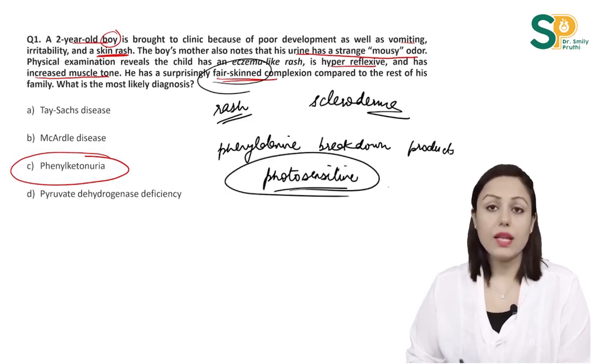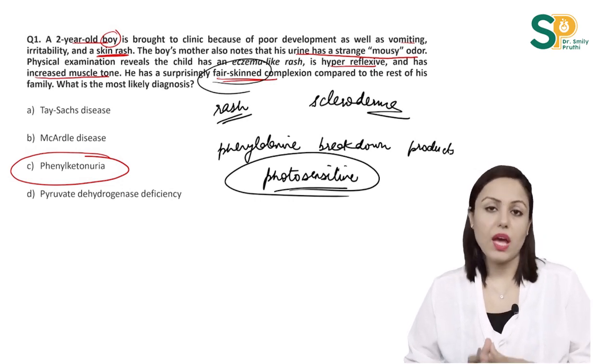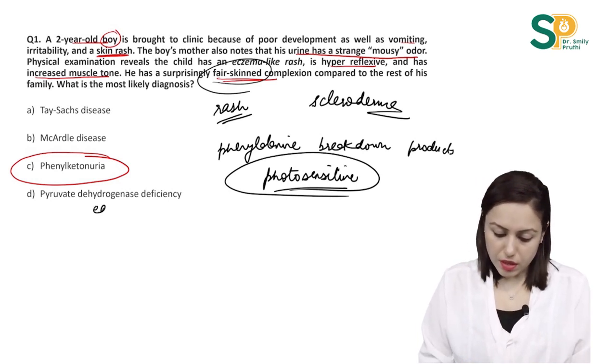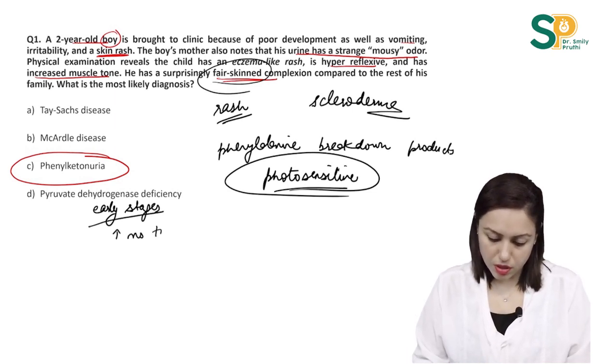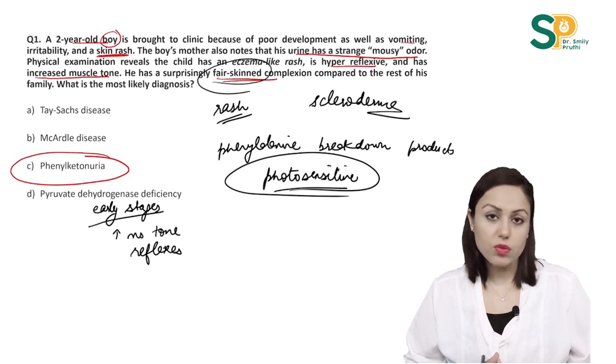Many of the phenylalanine breakdown products are photosensitive. That's why these patients have rash. And other clinical features are, in early stages, just increased muscle tone, increased reflexes and hyperactivity, right? Because the brain is affected, okay?